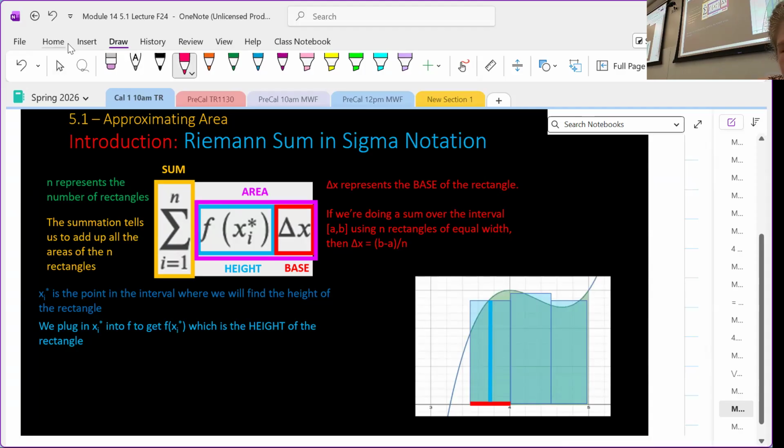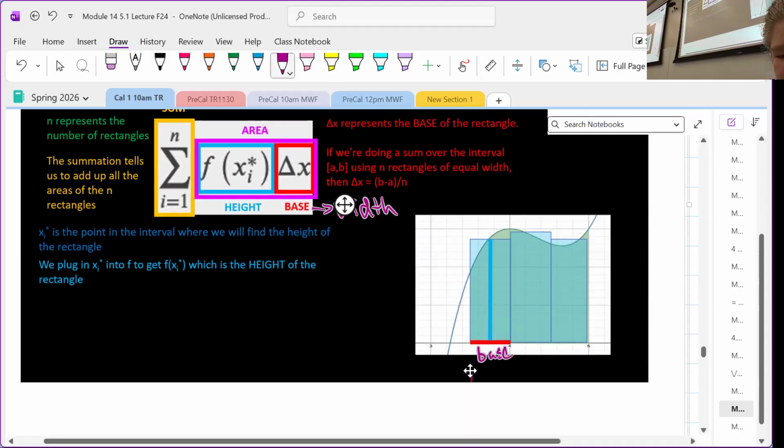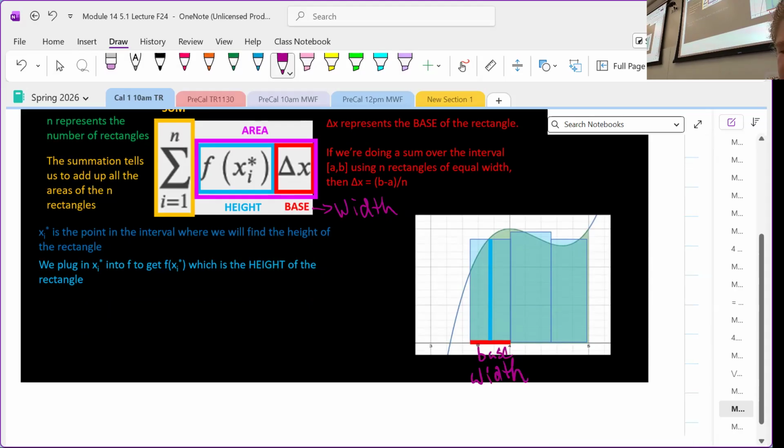Delta x is our base, or what I was calling the width. But when we're making these rectangles, the base, the width, is always the same. And that distance always ends up being the distance between two x values. So I called those x sub 0, x sub 1, x sub 2, x sub 3.